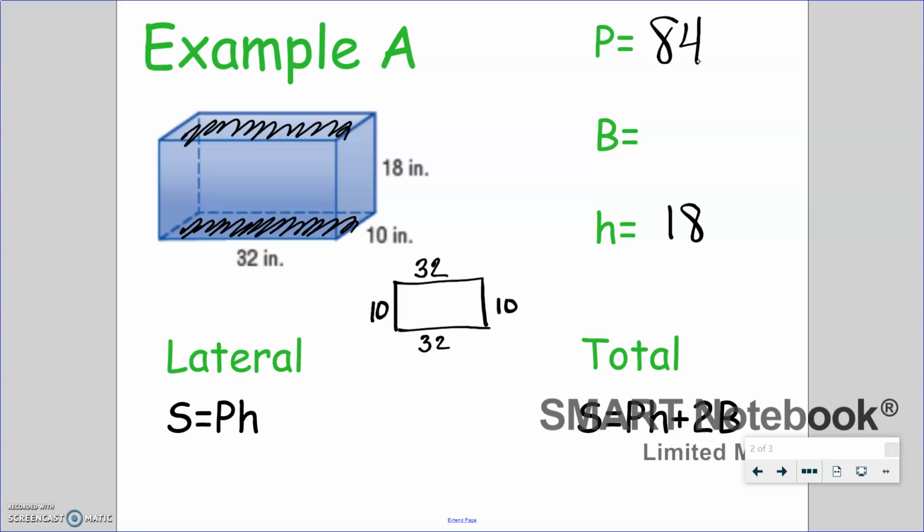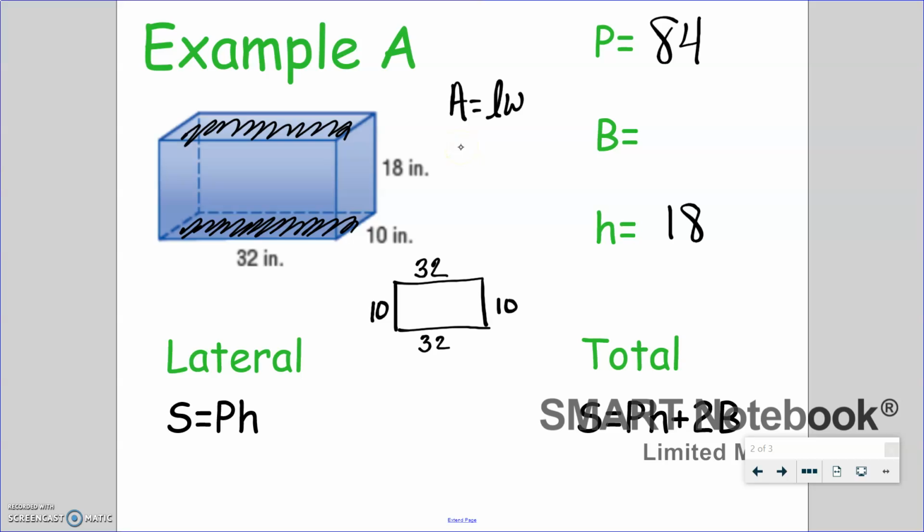Okay. Now I'm going to go to big B, which represents the area of our base. So now we're going to find the area of our base. We know to find the area of a rectangle, that formula is length times width.